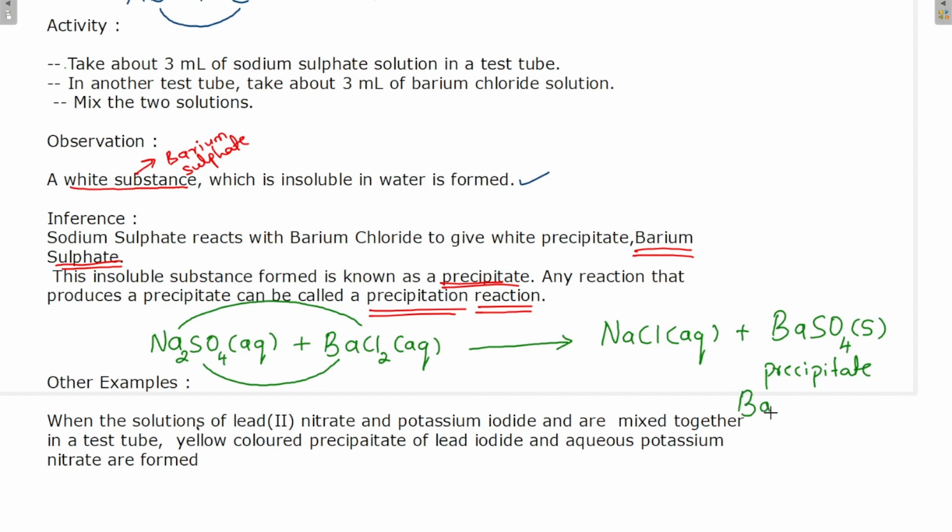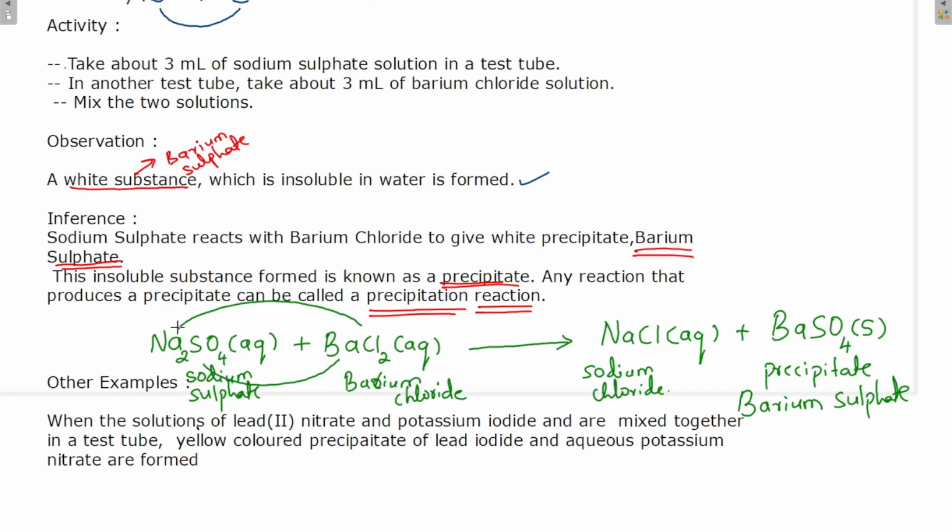This is barium sulfate. When sodium sulfate, this is barium chloride, reacts, it forms sodium chloride and barium sulfate.